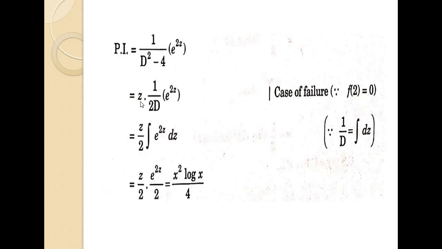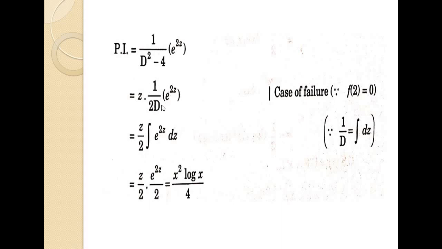We differentiate this f of D with respect to D and then operate on e power 2z. So this will be z into 1 by 2D, where 2D is the derivative of D square minus 4. So z into 1 by 2D operated on e power 2z.